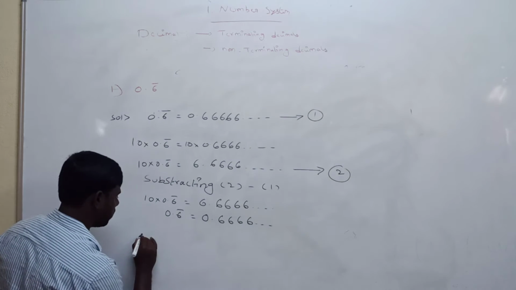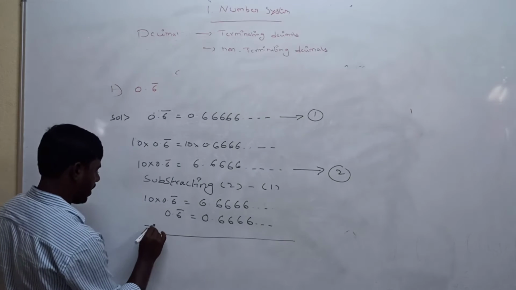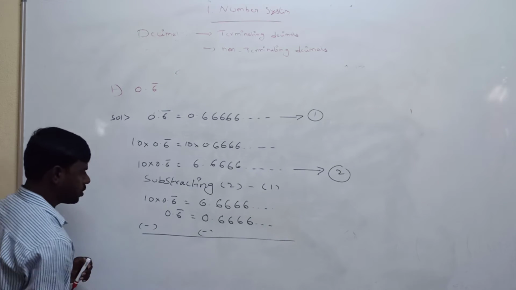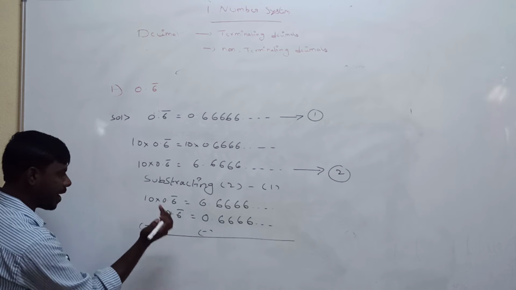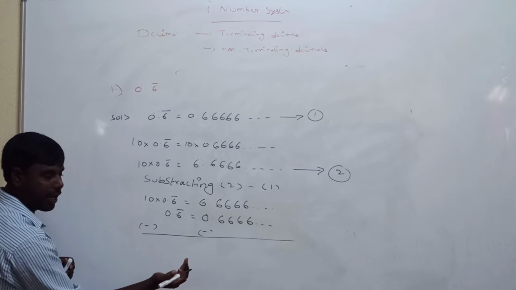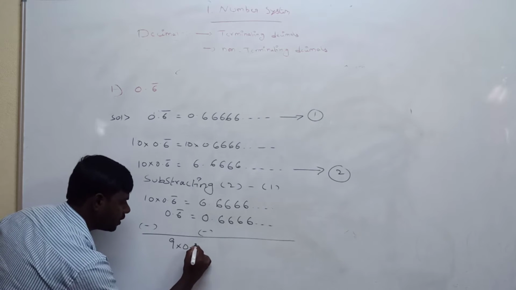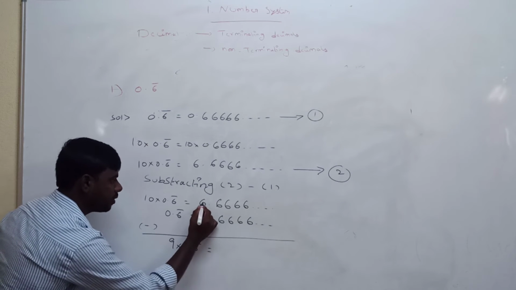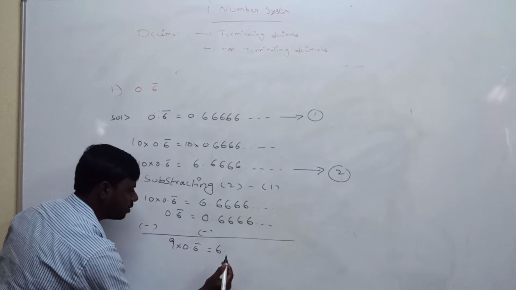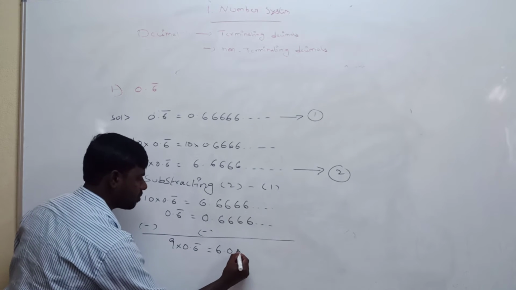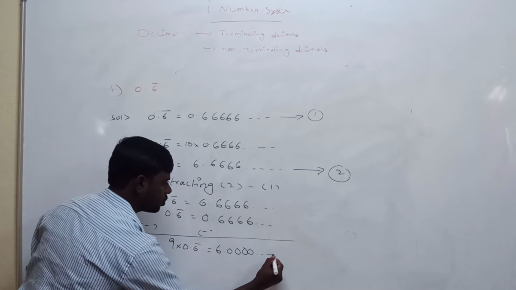Now subtracting, 10 into 0.6 bar minus 0.6 bar: 10 minus 1 is 9. So 9 into 0.6 bar is equal to 6 minus 0 is 6, 6 minus 6 is 0, 6 minus 6 is 0, and so on.